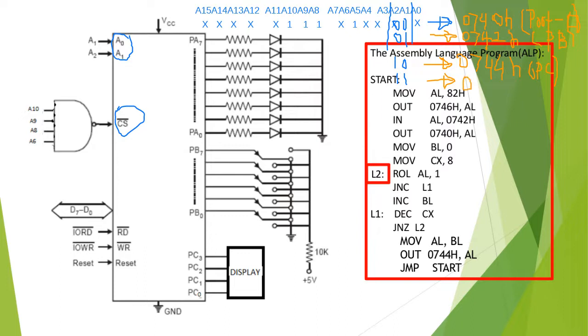0, 7, 4, 6. Okay, is it clear? Is it okay? Control register.